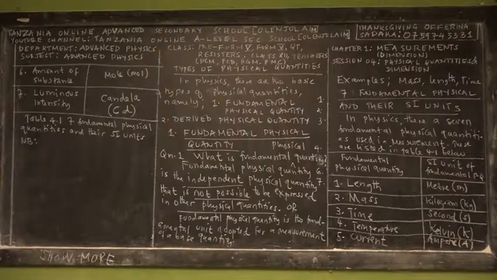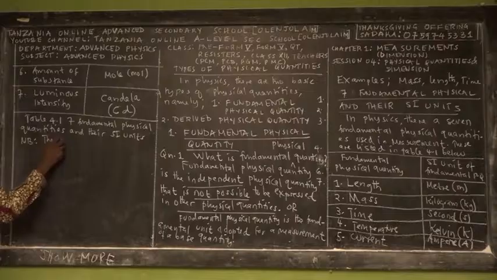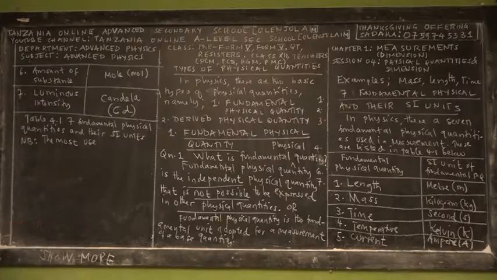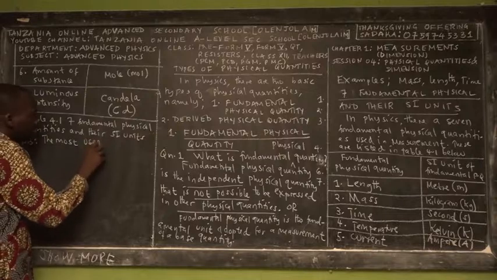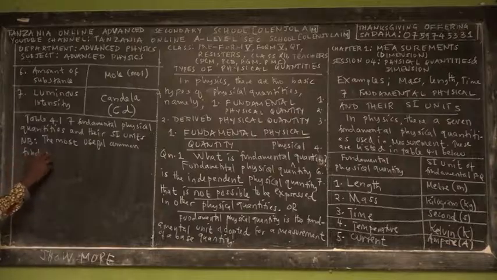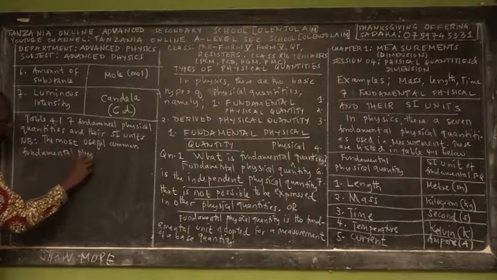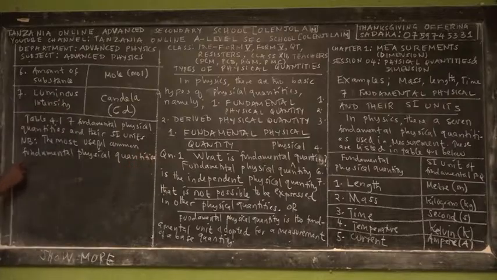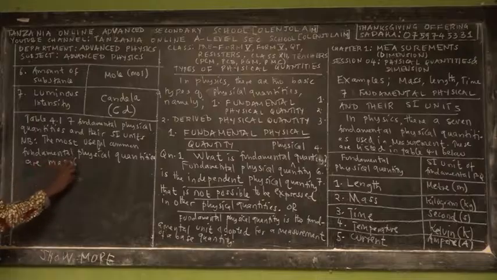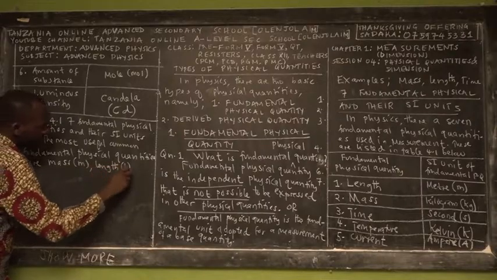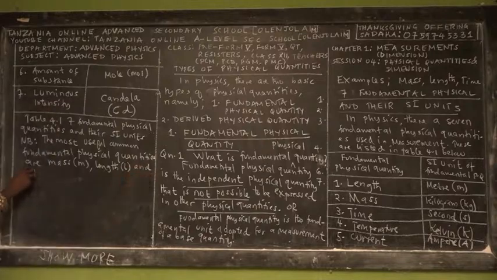Among these 7 physical quantities, the most useful, common fundamental physical quantities are mass, length, and time.